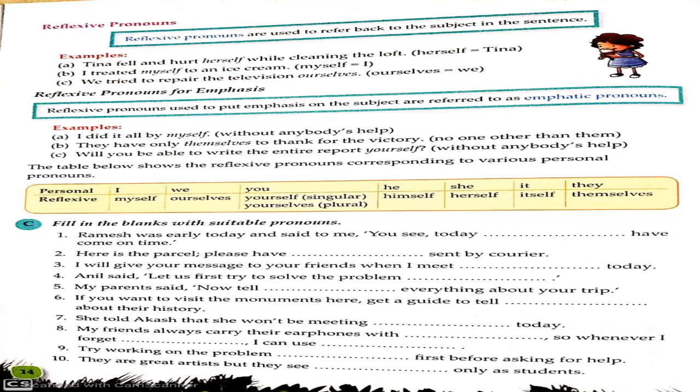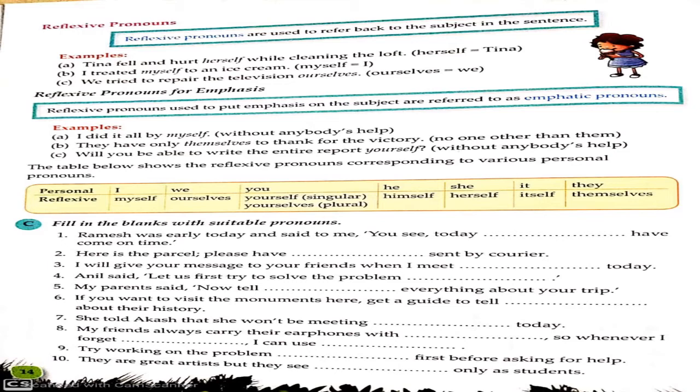Now, reflexive pronouns used to put emphasis on the subjects are referred to as emphatic pronouns. Let's see the examples. I did it all by myself. I is the subject, myself is the reflexive pronoun.